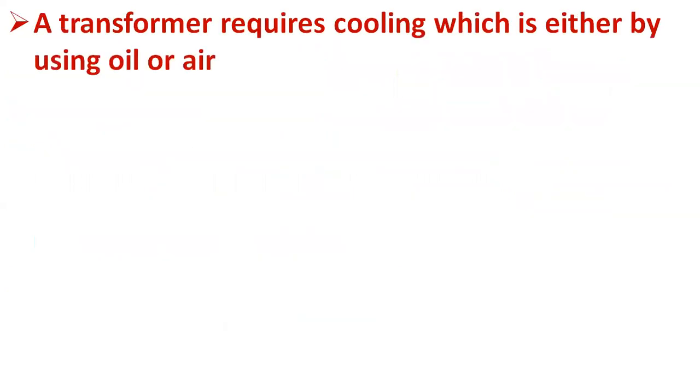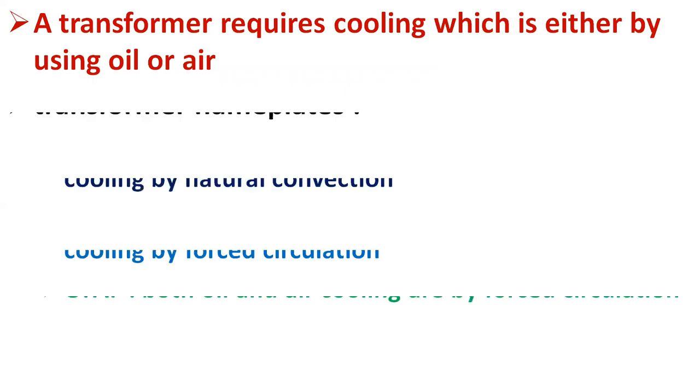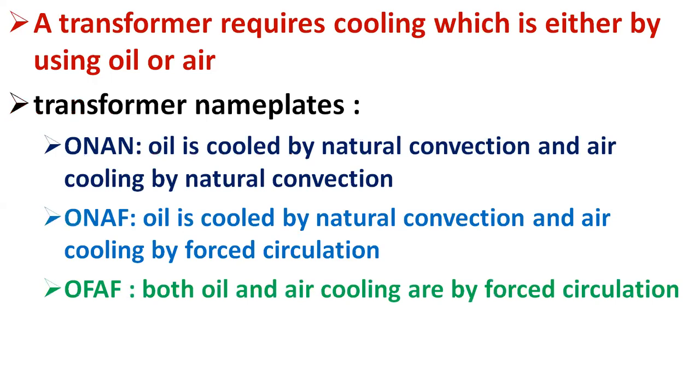A typical transformer requires cooling, which is done using either oil or air. The following types of cooling are generally indicated on transformer nameplates. ONAN means oil is cooled by natural convection, and air cooling is also by natural convection.